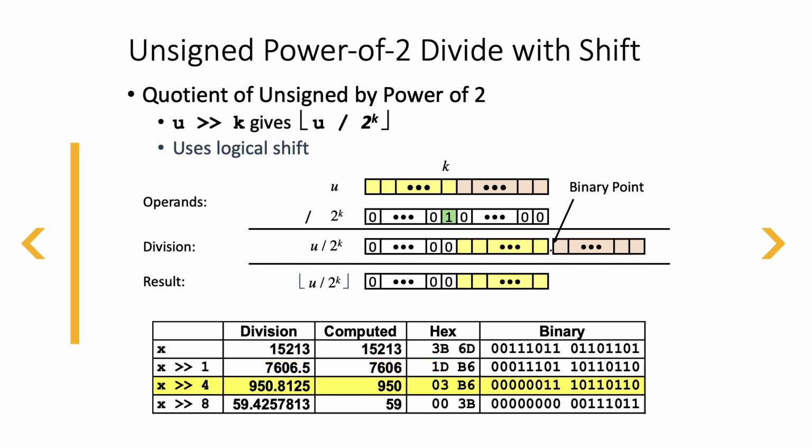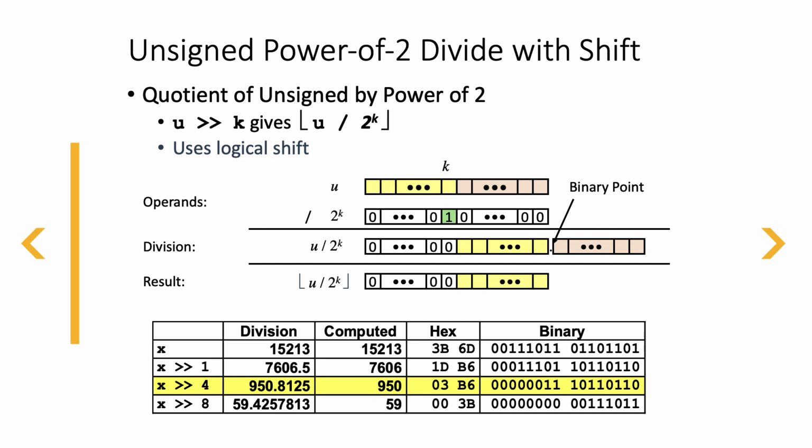If we shift by 4, we're dividing by 2 to the 4th, or 16. Which mathematically would give us 950.8125. Again, we have to take that floor because we're dropping off the stuff that goes out past the binary point. And binary point, it's the same as decimal point, except when we're dealing with binary, we call it the binary point.